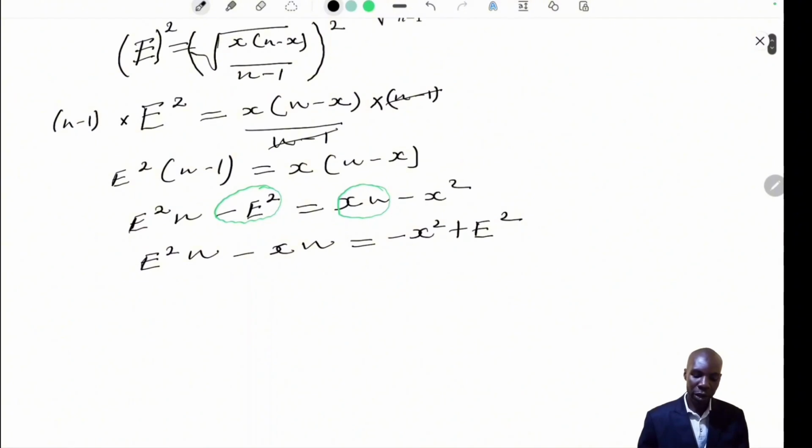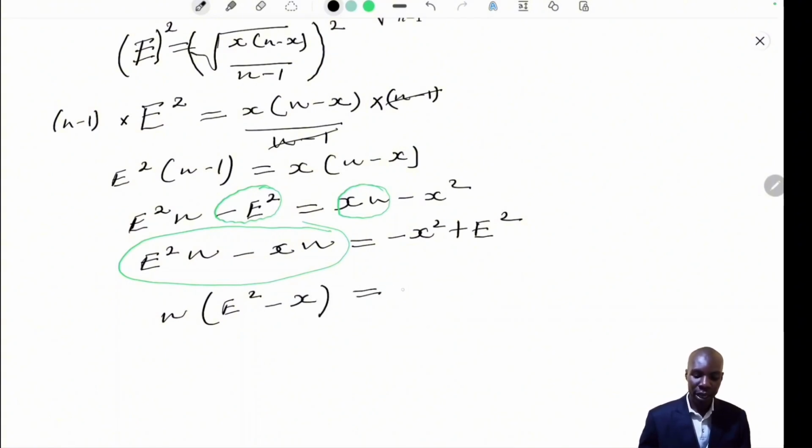So remember, if you look at the equation on the left-hand side, n is common. So we'll have n in bracket e squared minus x, and we can rearrange the right-hand side and say e squared minus x squared.